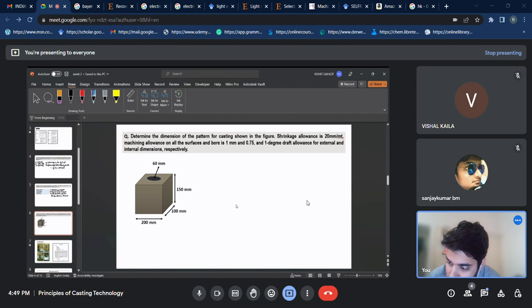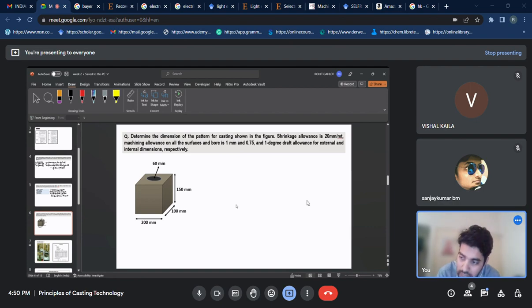After the shrinkage allowance we need to consider the machining allowance. The machining allowance is given on both sides, so after the shrinkage allowance you add it here. Suppose for the 200 side you got 200 plus 200 multiplied by 0.02, which is 204, after the shrinkage allowance. For the machining allowance, as it is given on both sides, you add 204 plus 1 plus 1.